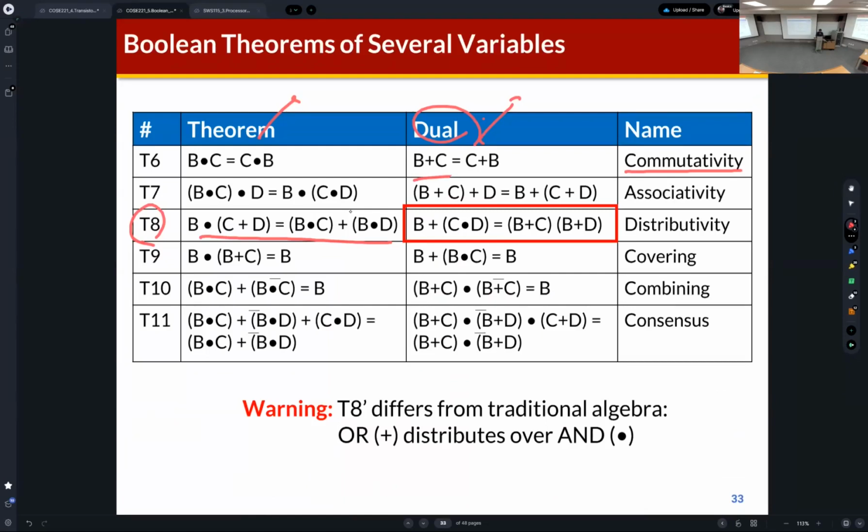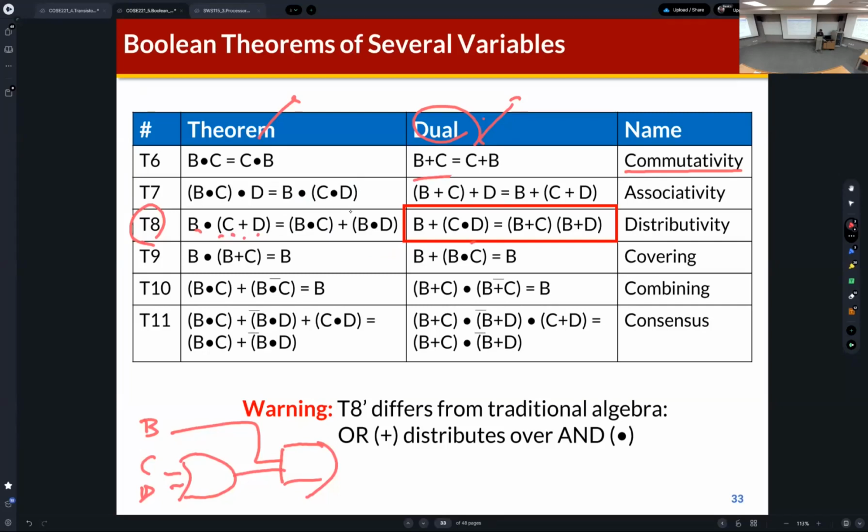So B multiply C plus D can be implemented like this. We can use an OR gate and then an AND gate to implement this equation. Okay, so this equation can be rewritten like this.